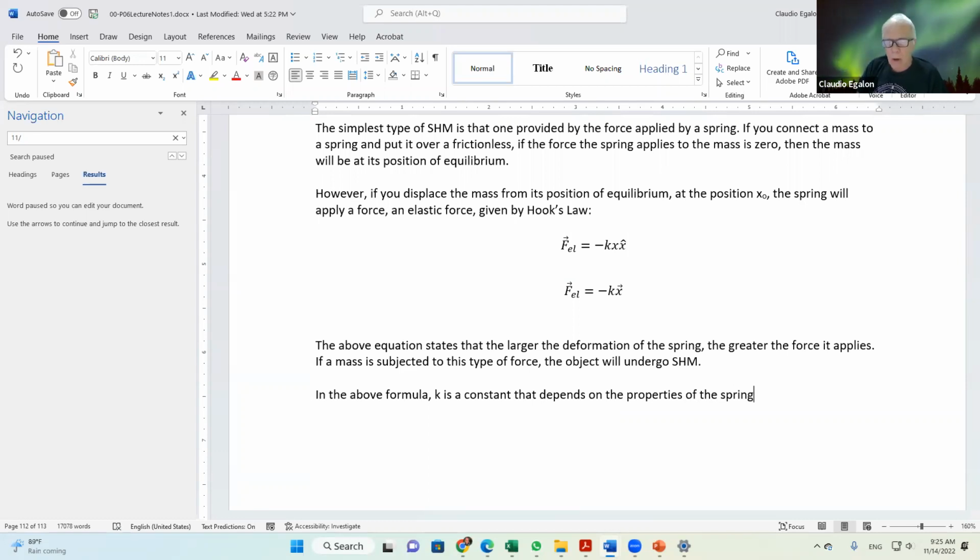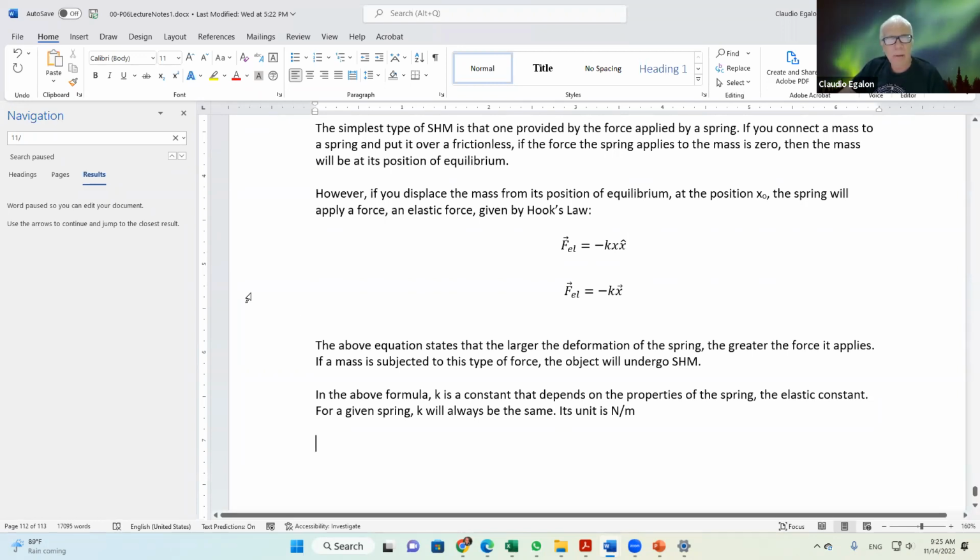We call it the elastic constant. For a given spring, K will always be the same. Its unit is Newton per meter.